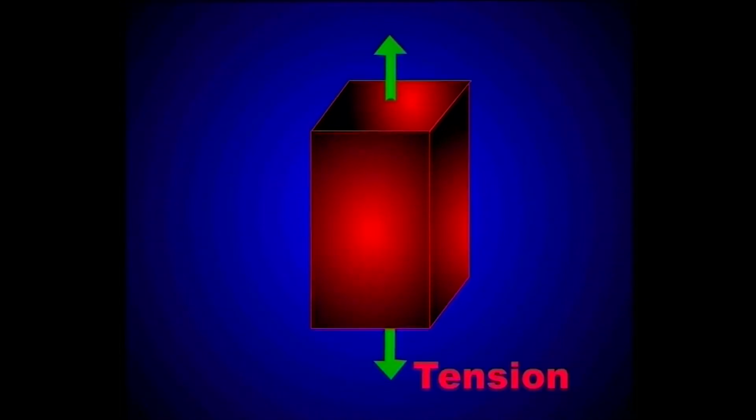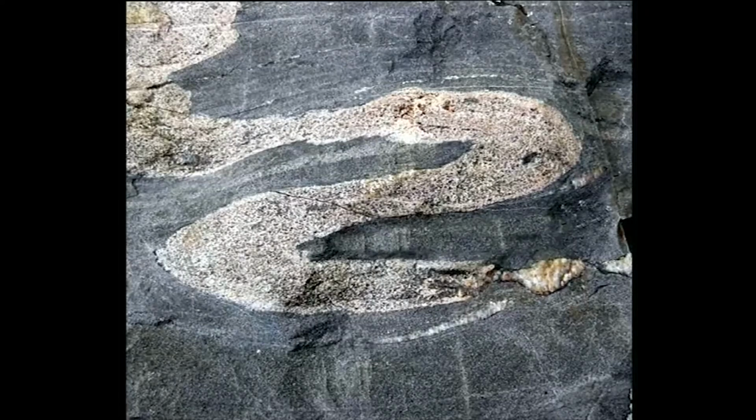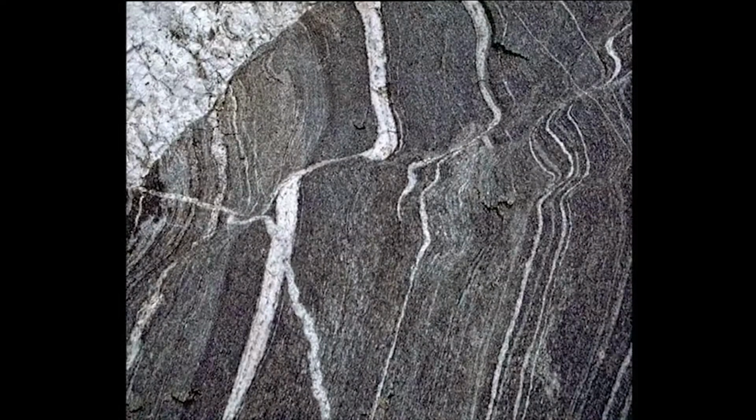The sinistral and dextral tension gashes, and another set of tension fractures that develop in relation to faults, are very good indicators of the movement direction along the faults or shear zones.